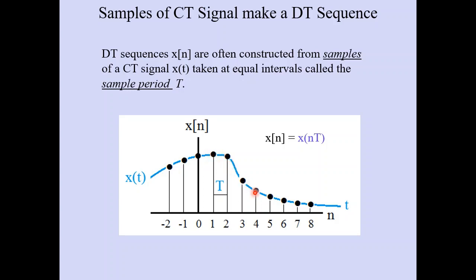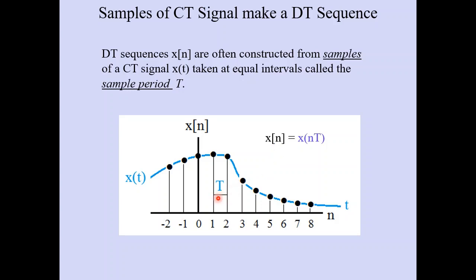But anyway, what we have here is we start with x of t, which is the smooth blue line. If we take samples of x of t at an equal interval, and by the way, that interval is called the sample period, uppercase T, then we can construct a discrete time sequence. These black points represent samples of our original continuous time signal, x of t, and it produces a sequence of values which we can call x of n.